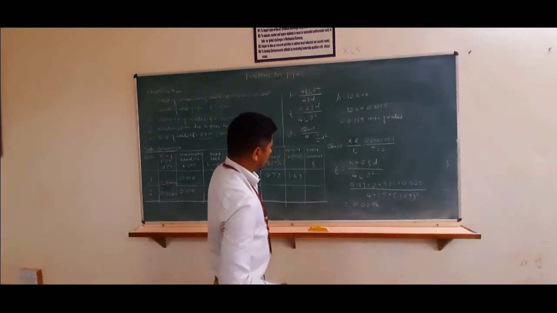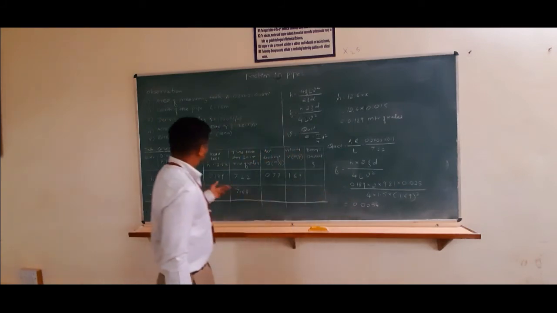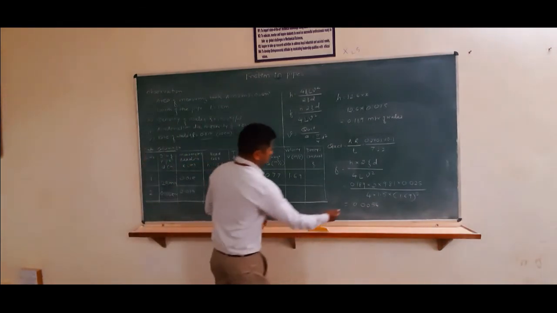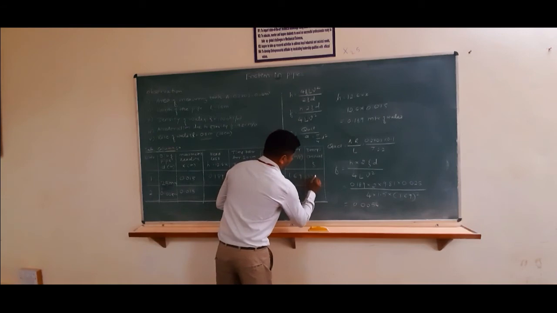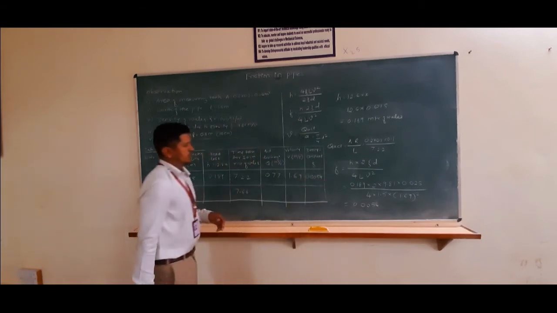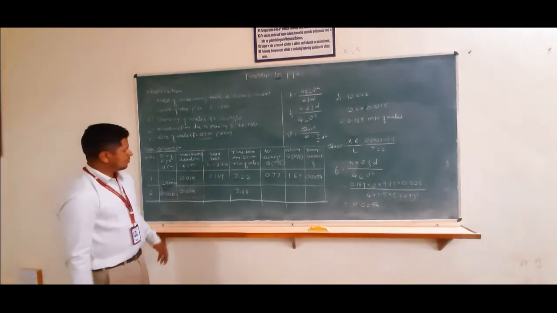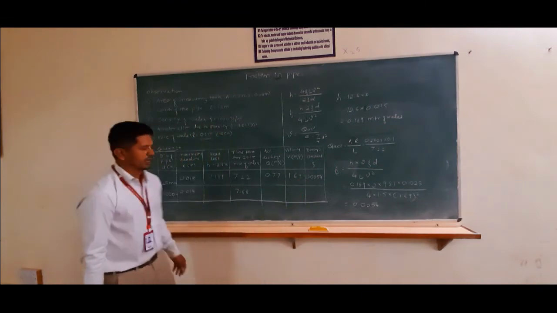This is the loss that occurred when the water is flowing in a pipe, and the same answer we write again in a tabular column, 0.0054. So this is how we calculate the Darcy factor for the first reading.